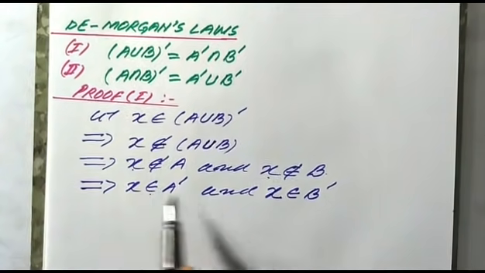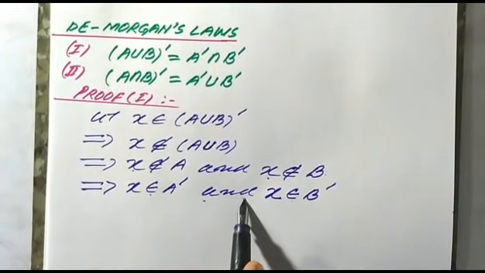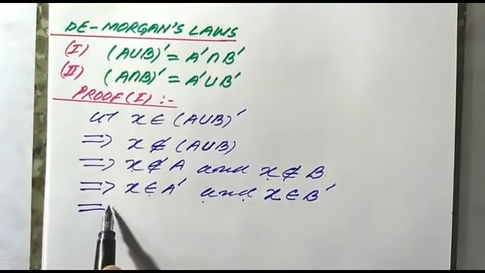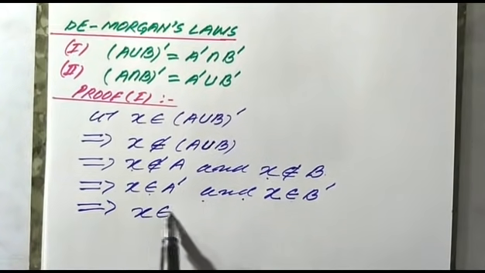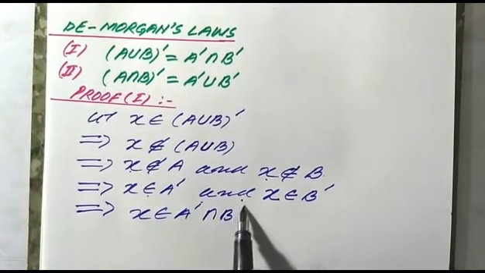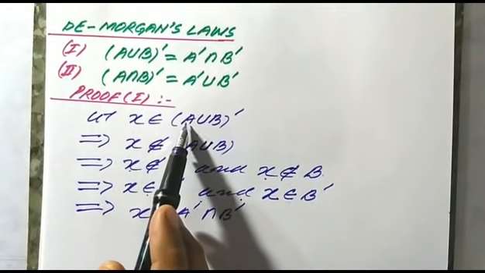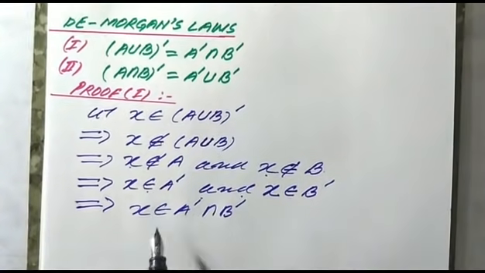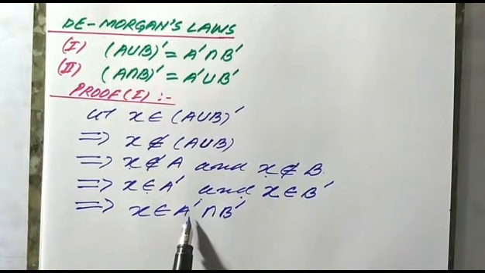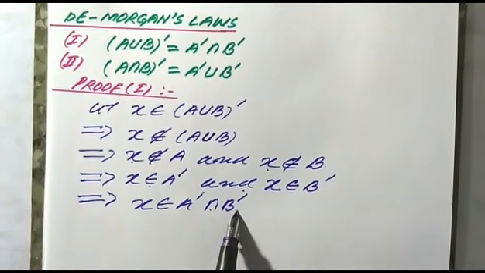Now because these symbols are belongs to, the symbol for intersection applies, so it implies that X belongs to A complement intersection B complement. So if X belongs to parenthesis A union B complement, then it must belong to A complement intersection B complement.